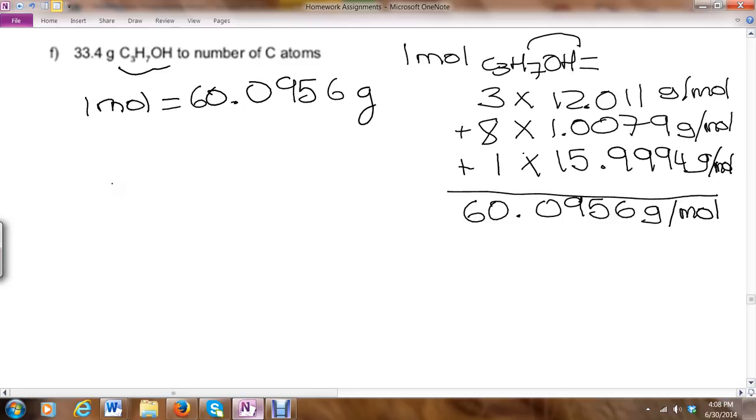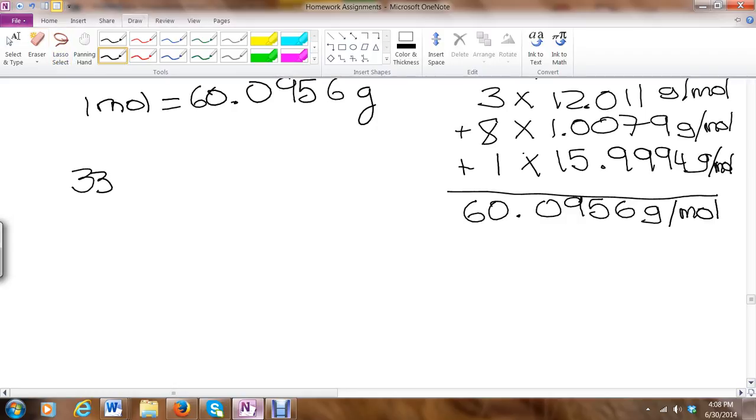So the first thing you have to do is convert it to moles and then to carbon atoms. And to do this, you got 33.4 grams. Let me do it on the bottom because it's going to be a little bit long.